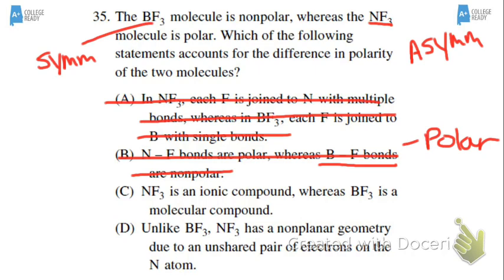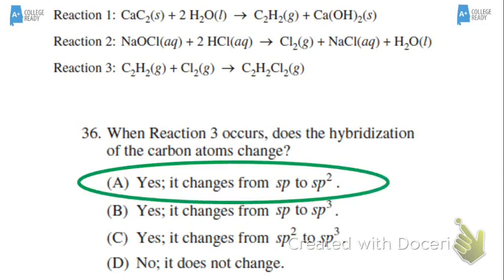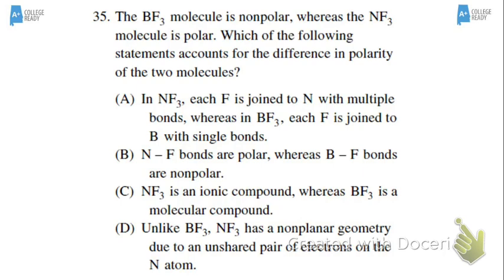C, NF3 is ionic. That should be an immediate giveaway that that's incorrect. And then it says, unlike BF3, NF3 has a non-planar geometry due to an unshared pair. So this unshared pair that this is talking about forces this molecule to be asymmetrical.